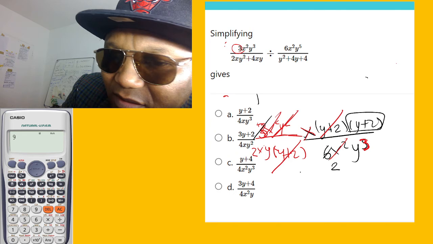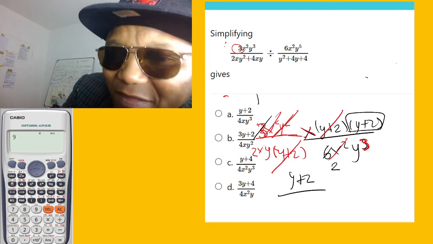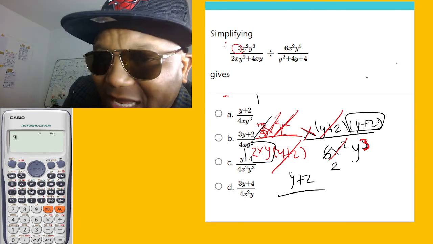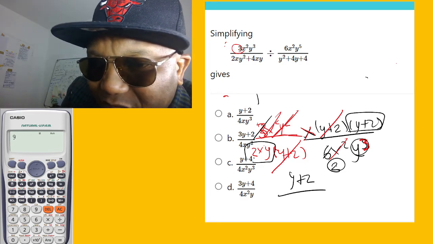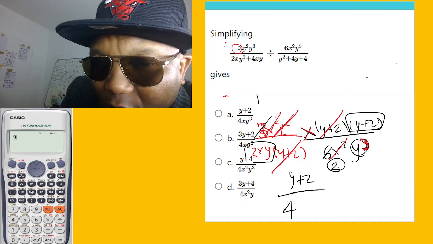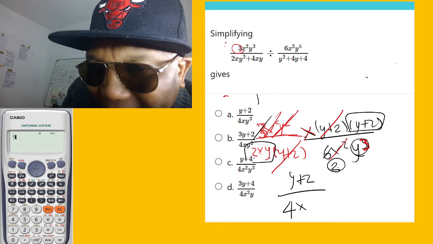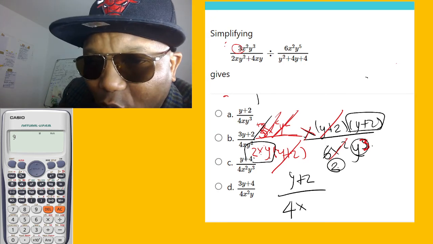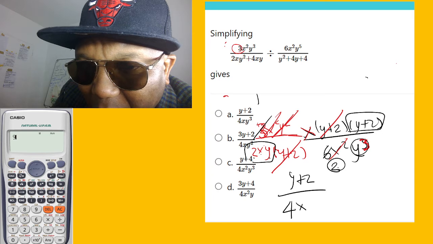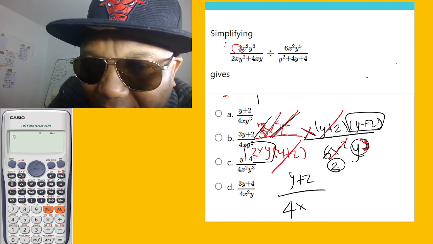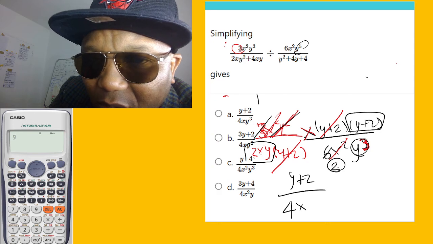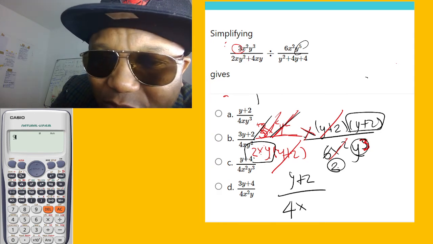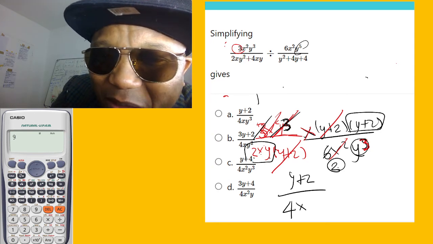On top, we're left with y plus 2. At the bottom, I'm left with 2xy times 2y cubed. So 2 times 2 equals 4. X is just x. How many y were here? There were y to the 5. Remove y squared, it's going to be cube.